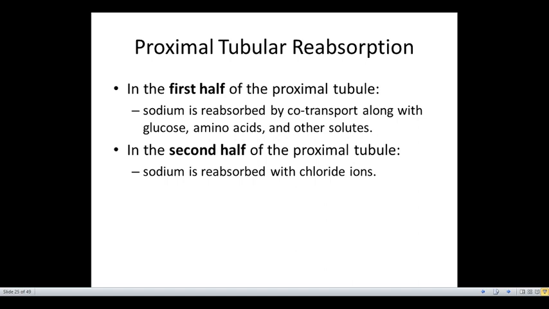In the late or second half of the proximal tubule, sodium is reabsorbed with chloride ions, as little glucose and few amino acids are left behind to be absorbed. They have already been absorbed earlier.